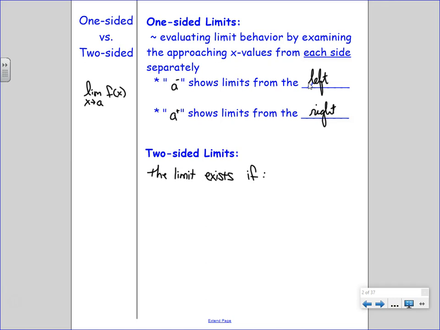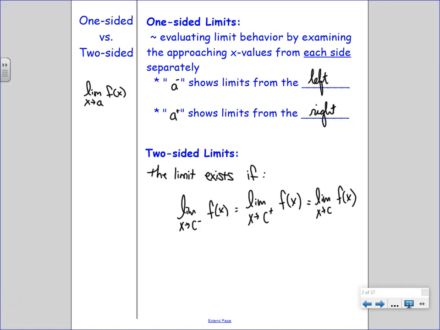Two-sided limits. The limit exists if, what was our quick description of whether a limit exists or not? If the one-sided limits agree, as x approaches 0, from the right. I'm not showing the definition of continuous, but it's very similar.